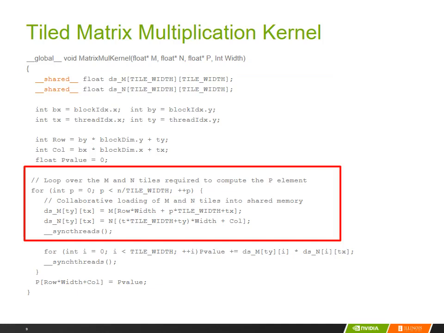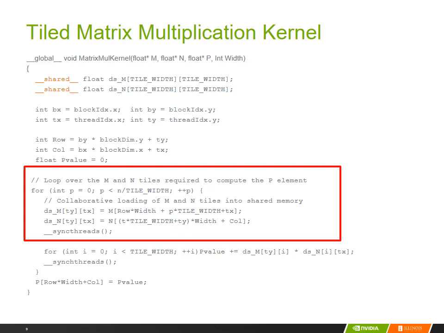We are now ready to study the meat of the tiled matrix multiplication kernel. The for loop in the red box defines the phases of the tiled matrix multiplication kernel. Each iteration of the for loop corresponds to a phase of the tiled algorithm. The p variable indicates the sequence number of the current phase being executed.